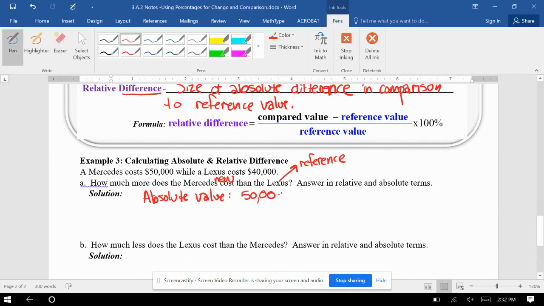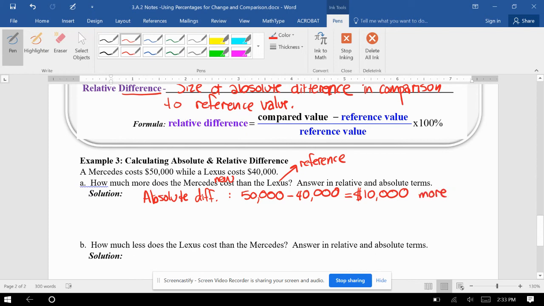I was thinking, this doesn't make sense. Because we know the Mercedes costs more, which means it is $10,000 of absolute difference more. I wrote that wrong. We're not doing absolute value here, absolute difference. So sorry if I threw you off there. All right, so it's $10,000 more.